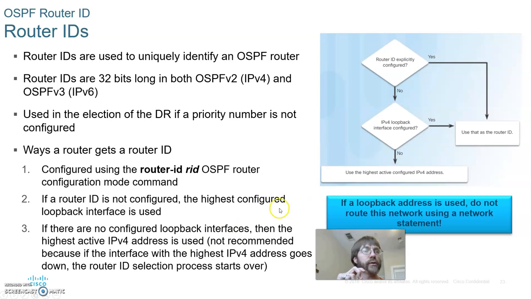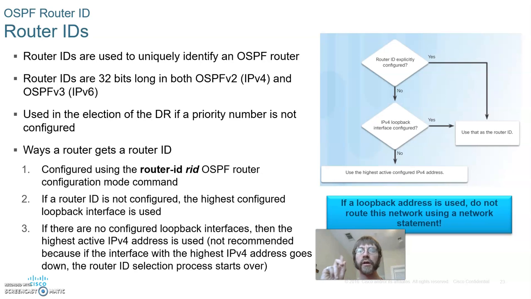Now, this is not a good option, particularly this last one, a configured IPv4 address on a physical interface. What happens if that interface goes down? It drops off, and the router's ID changes in the middle of its operation. That's a bad thing, because it will advertise a different router ID.